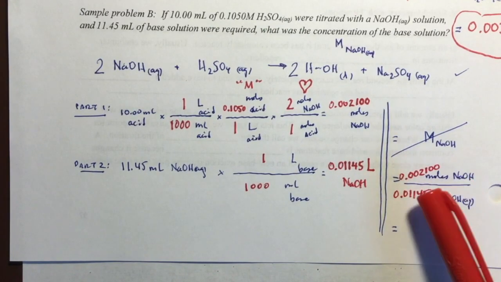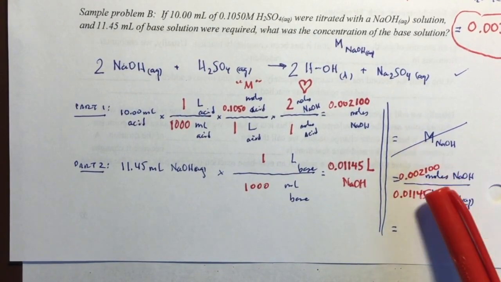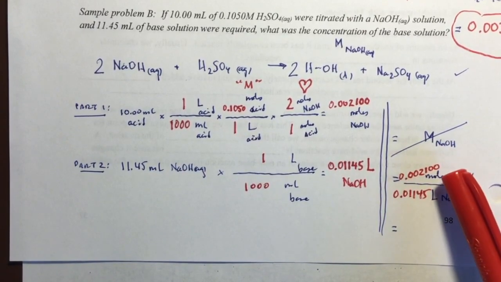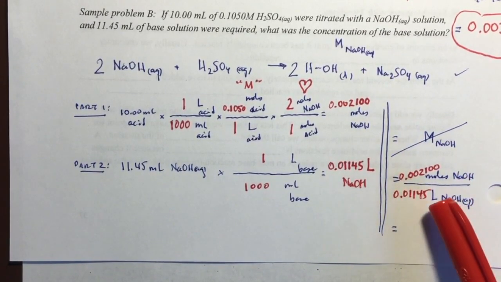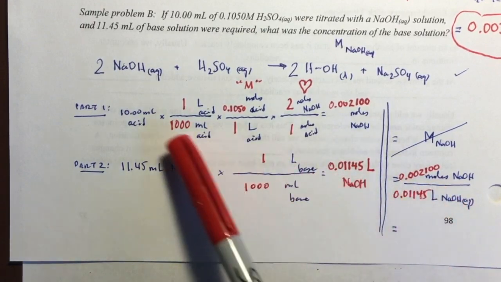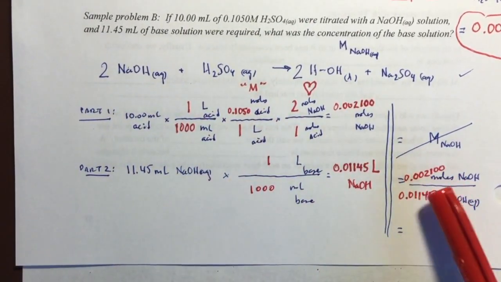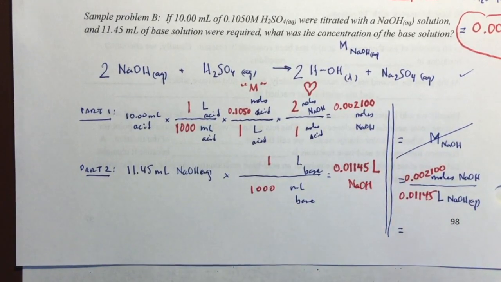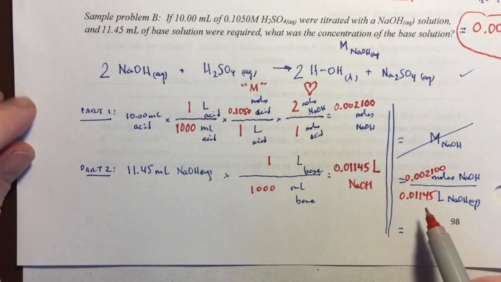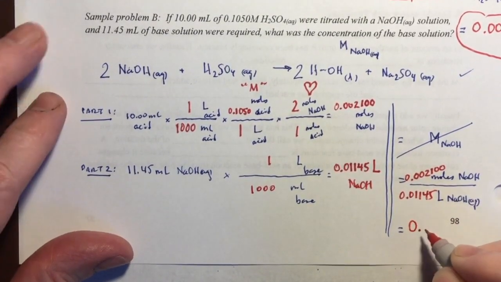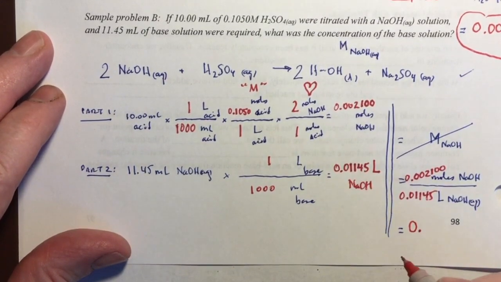So for a derived unit, I can treat it as two separate problems. I can break it apart and figure out what needs to go in the numerator and figure out what needs to go in the denominator, and that's how I did this. I broke this into two separate problems to figure out those numbers, and now that I've got those numbers, I can do the math, and my answer needs to be in 4 sig figs, so my answer is 0.1834.